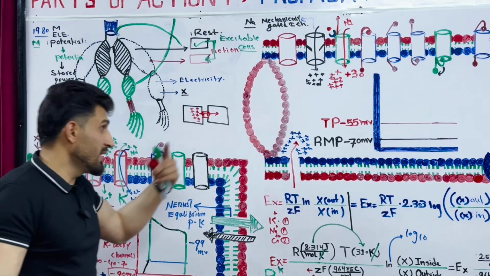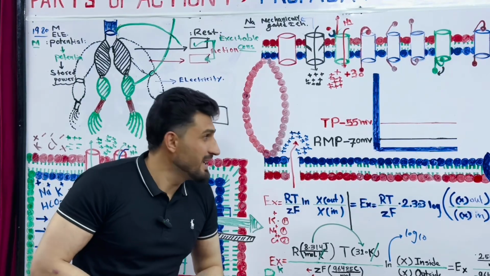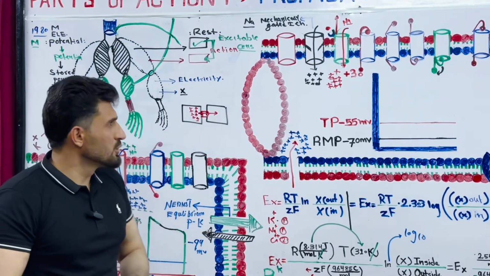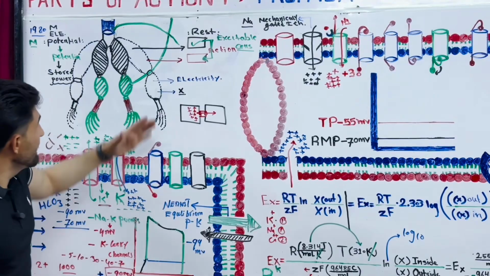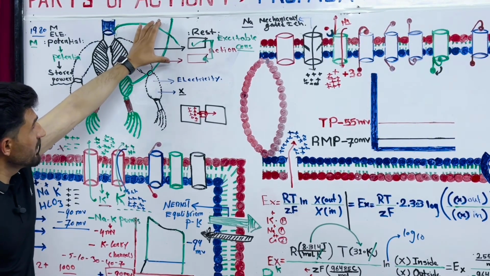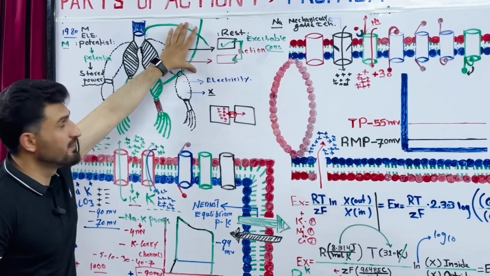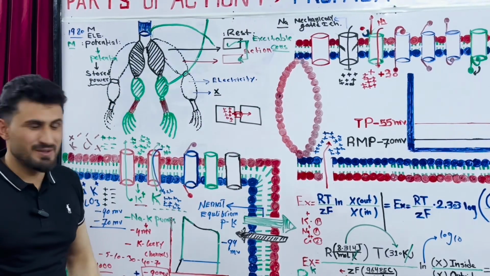This is another way to enter a lot of positive charges to the inside of the cell. So we have many ways, and we have also another way, for example, direct stimulation by electrical currents to the cell, like Galvani or Volta, to stimulate the cell.